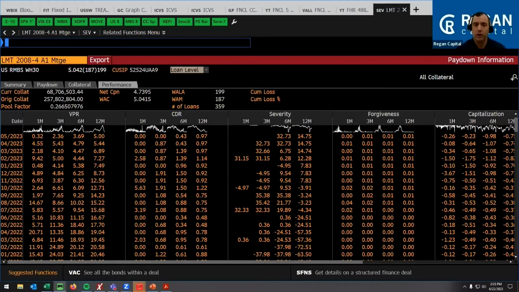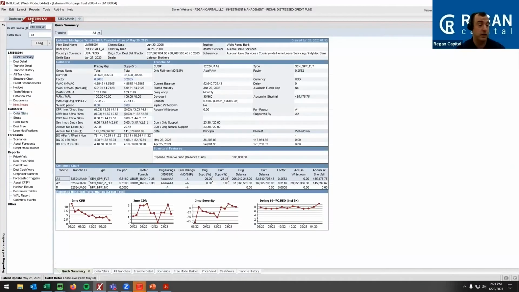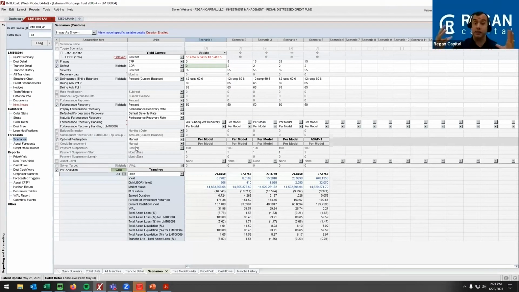This is going to be a little hard to see for folks, but we model this in Intex. Intex is the gold standard for modeling all of these bonds. When we run this bond to the forward curve, for a floating rate bond, you don't want rates to drop. You want rates to stay the same or go up even further.